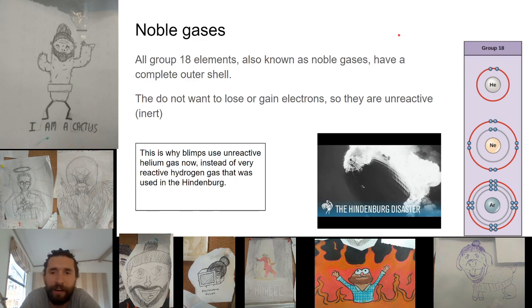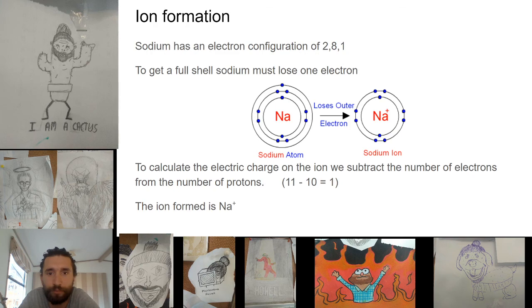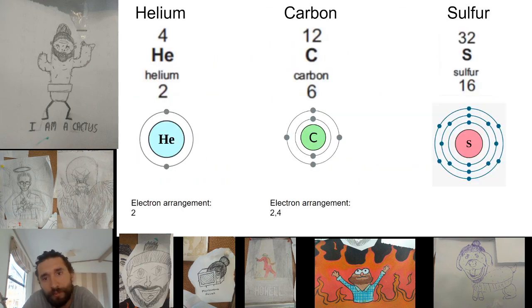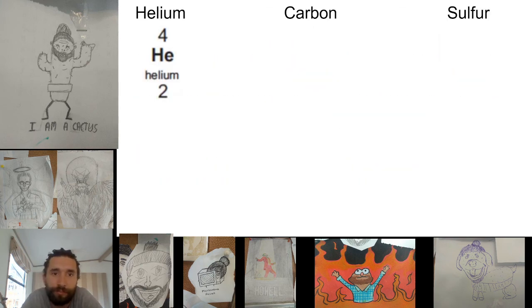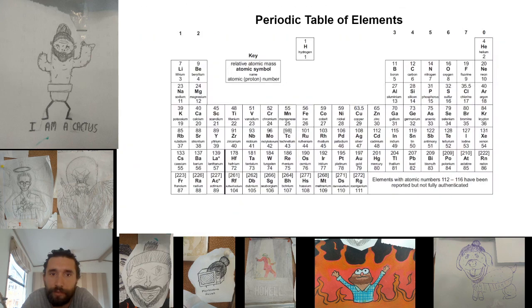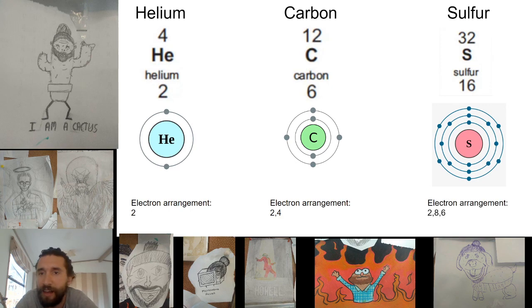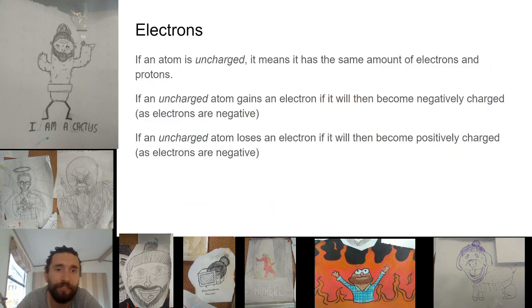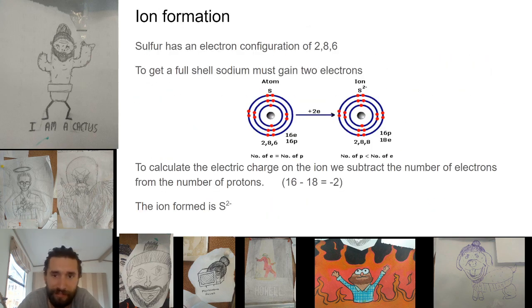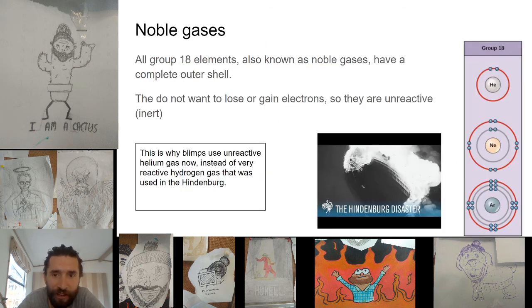If you look on the far right hand side of the periodic table, we have helium, neon, argon, krypton, xenon. These are special elements because they naturally, or uncharged, have a full outer shell.